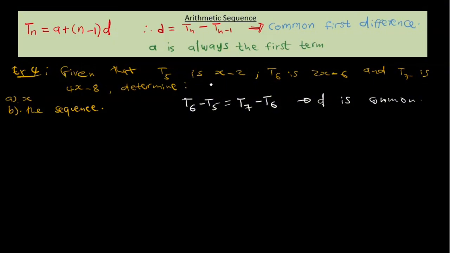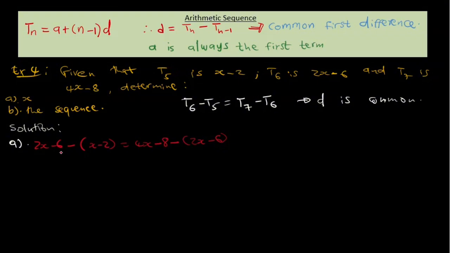So let's start with the solution for A. T6 is equal to 2x minus 6, and I'm going to minus T5, which is x minus 2. T7 is 4x minus 8, subtract T6, which is 2x minus 6.